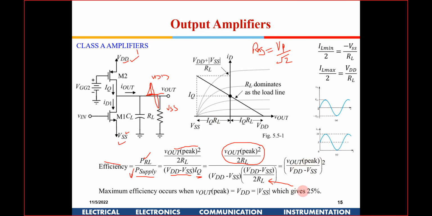So the maximum efficiency I get is only 25% in this particular circuit, because a lot of the time this current is just flowing from top to bottom. That is wastage, so it has a poor efficiency. Is this okay with all of you?